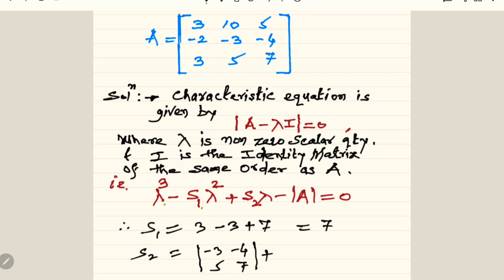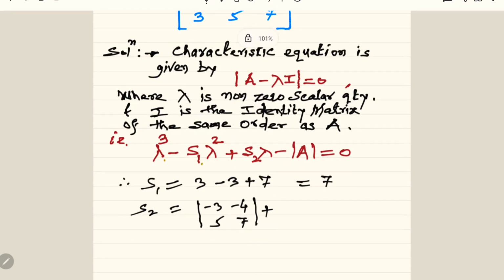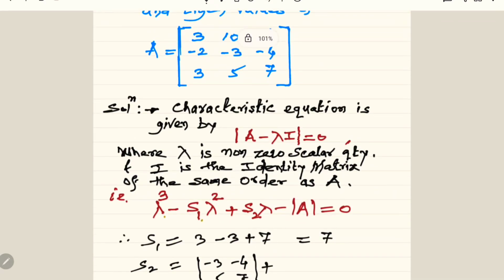Then the minor of the second diagonal element -3: neglecting the second row and second column, we have the elements in the determinant 3, 5 and 3, 7.